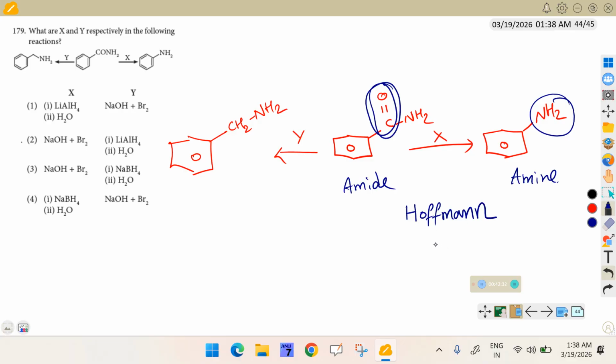The Hofmann bromamide degradation reagent is NaOH plus Br2. In the other conversion, amide is converted to amine with both containing an equal number of carbon atoms. Here reduction takes place. Amides undergo reduction in the presence of LiAlH4. So the second option is the correct option.